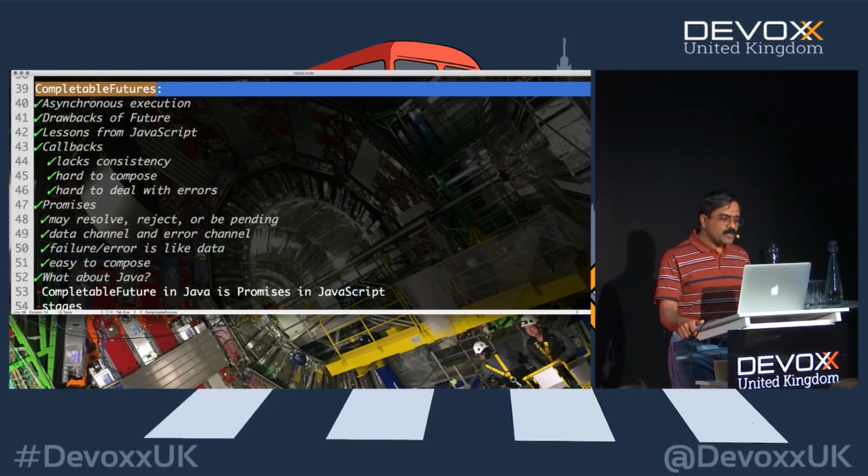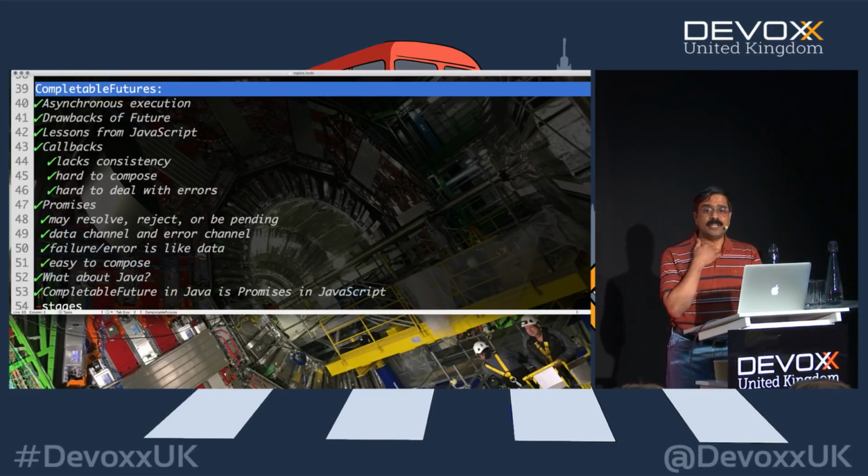So anytime I use the word completable future, I often interchangeably use the word promise because they both are pretty much identical concepts to what they really do. So completable futures are the promises of the Java world. That's what it really is. So completable futures give us the ability to do what we have really learned from JavaScript.